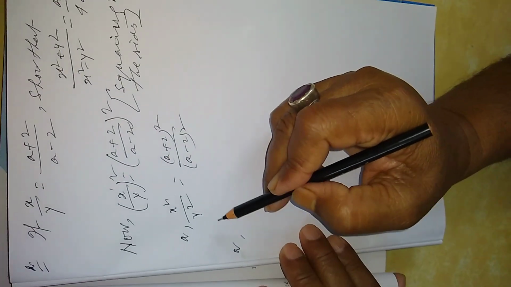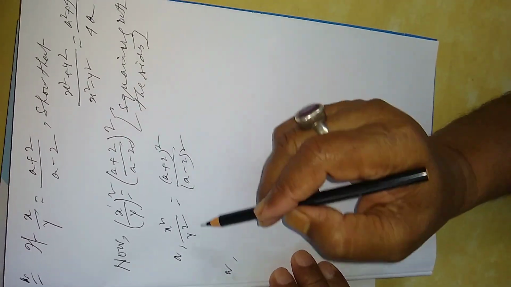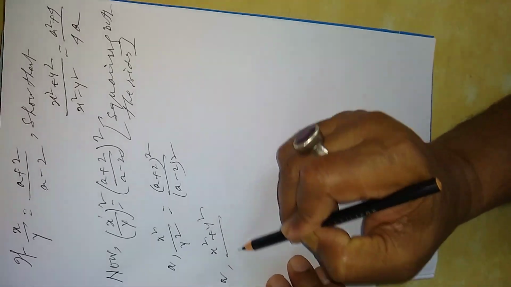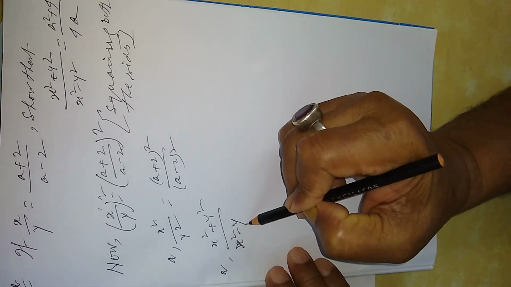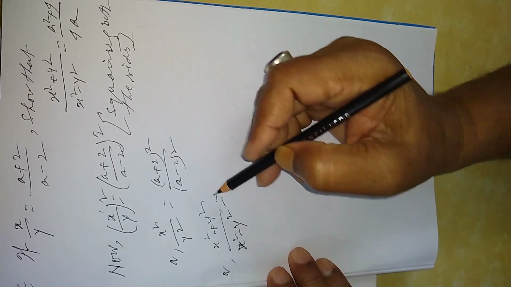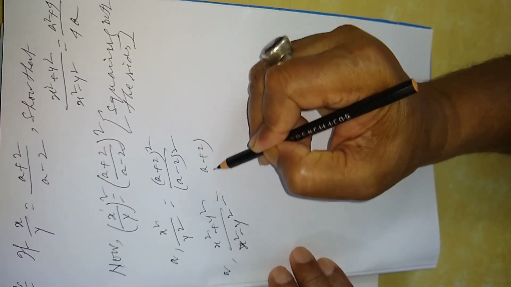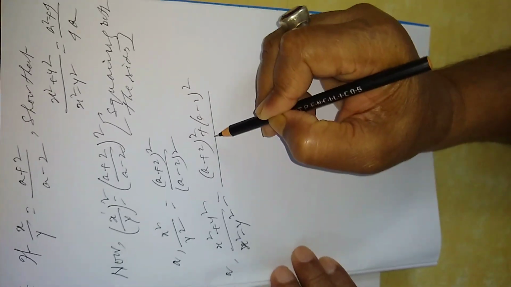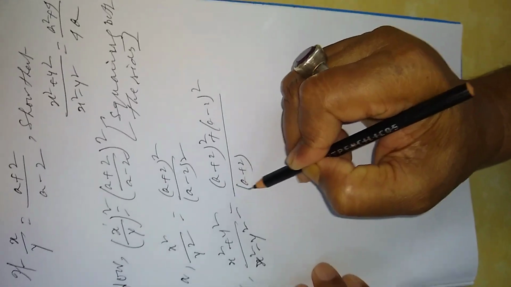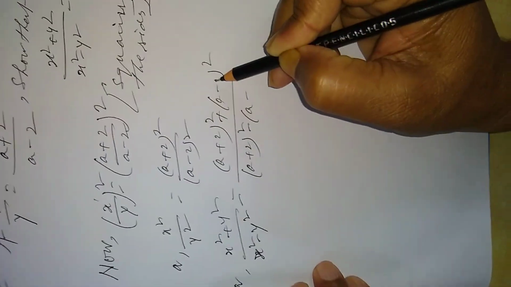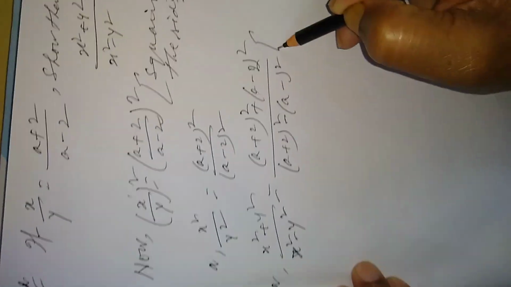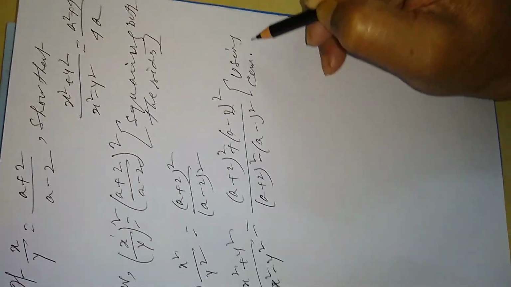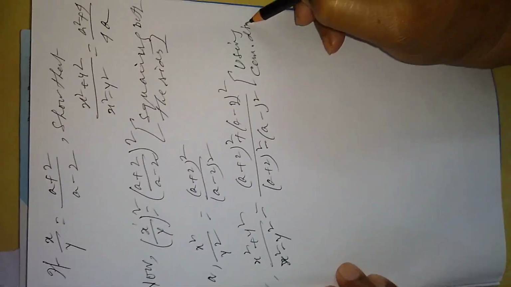Now using componendo and dividendo on both the sides, therefore x square plus y square divided by x square minus y square is equal to a plus 2 whole square plus a minus 2 whole square divided by a plus 2 whole square minus a minus 2 whole square.